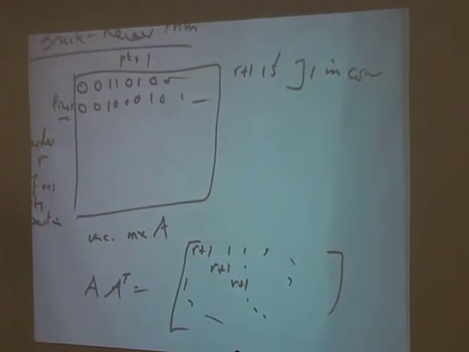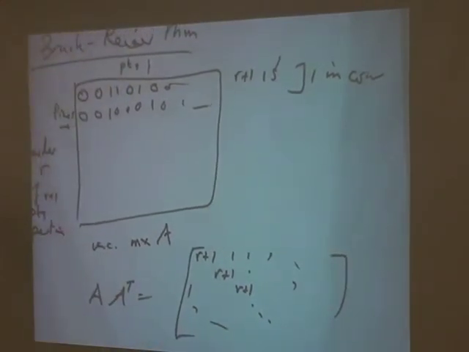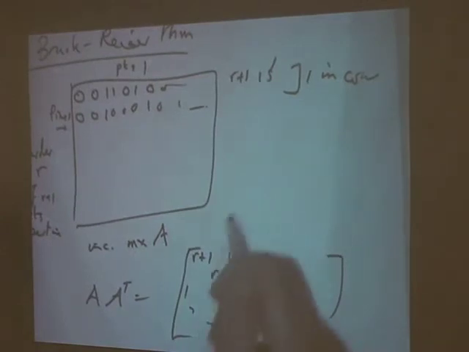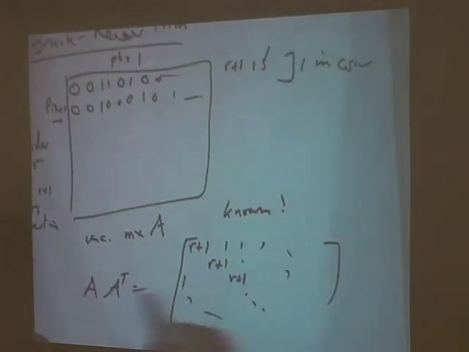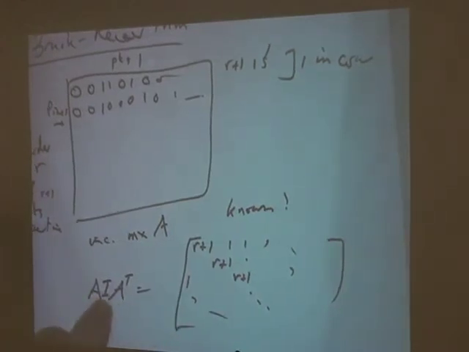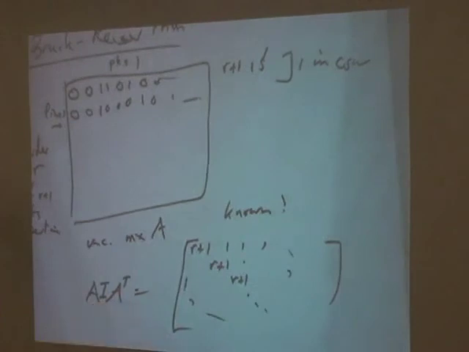A A transposed tells you what the inner products of the lines with each other are. Anyway, the point is it's known, that's all we need to know, and we can work over the rationals. I can regard this as A times the identity matrix times A transposed. This says that the quadratic form with the identity matrix, the sum of squares form, is equivalent to the quadratic form with this matrix.